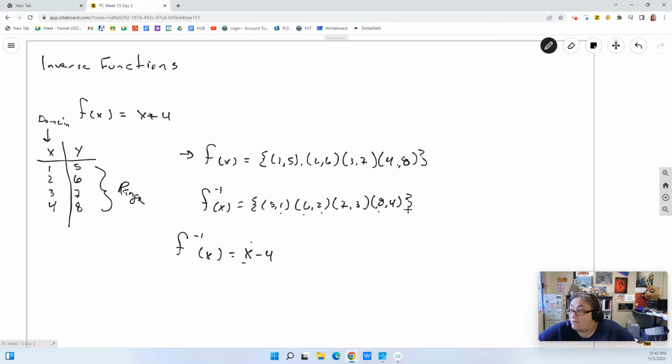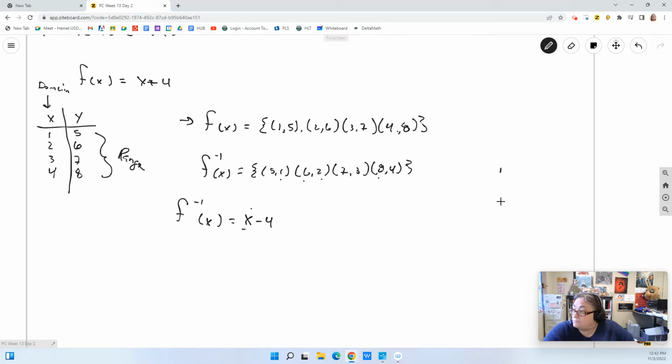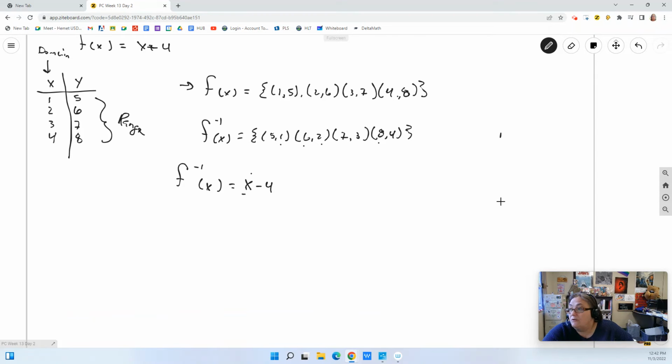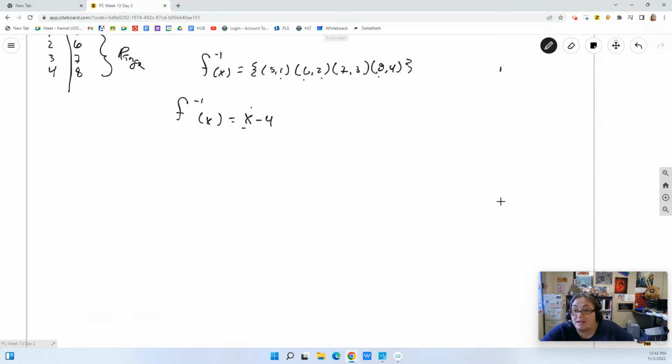What we say about functions is that if I plug the inverse into the function, I should get x back. Remember when we were composing functions?